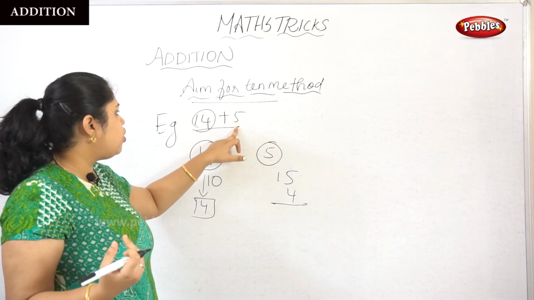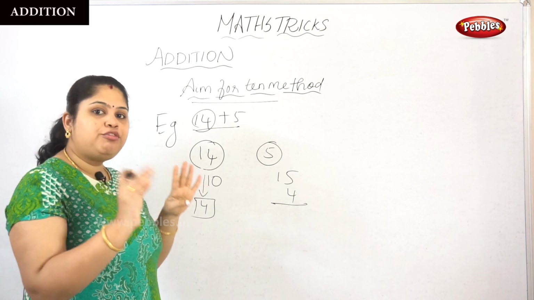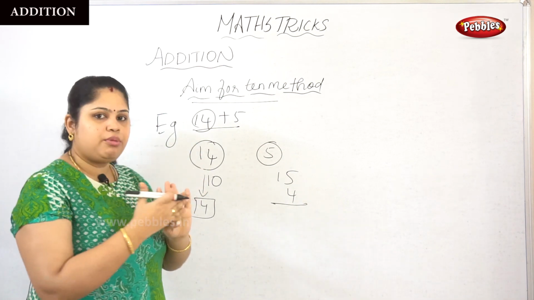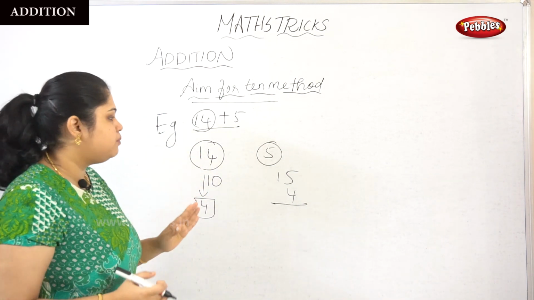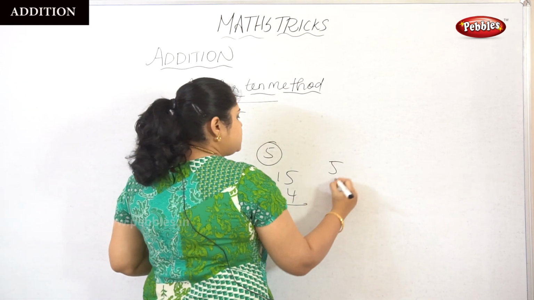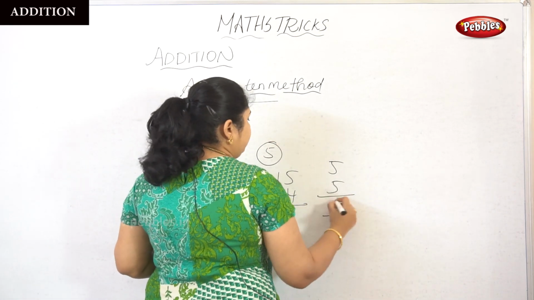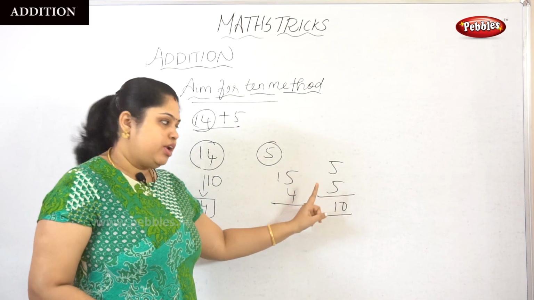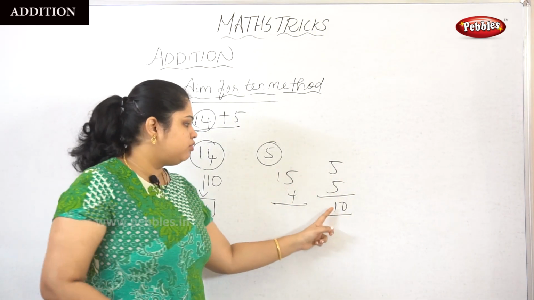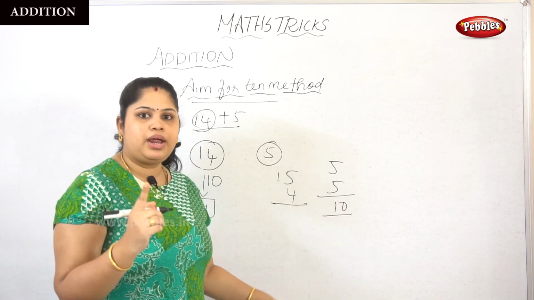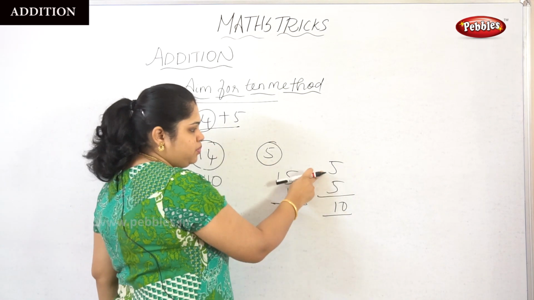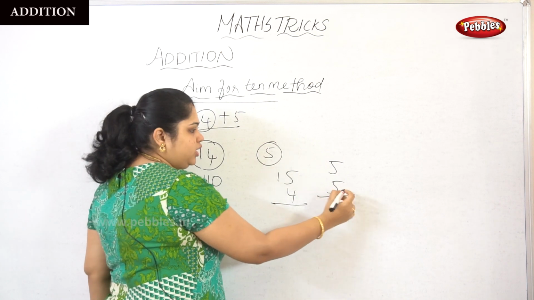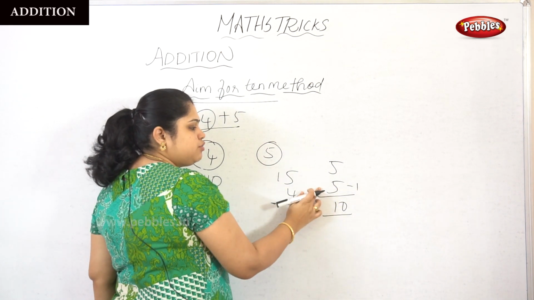Again we want to add the remaining 4 from the 14 to the 15. How do we add it? 5 plus 5 is equal to 10. Since it is 4, we subtract 1. 5 plus 5 is 10, minus 1 means it's a 9.